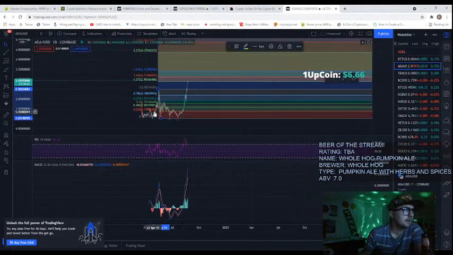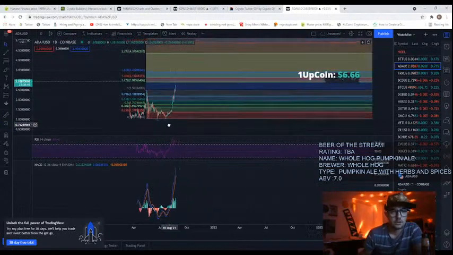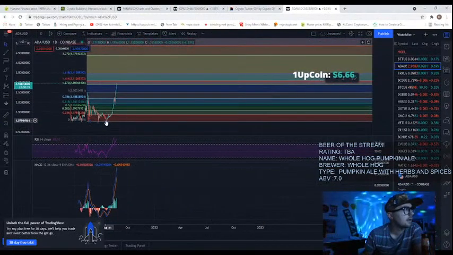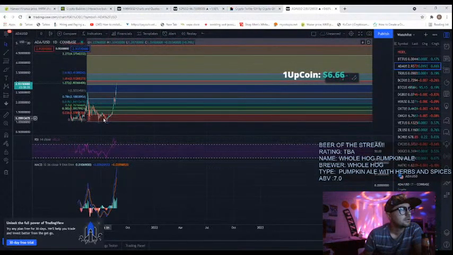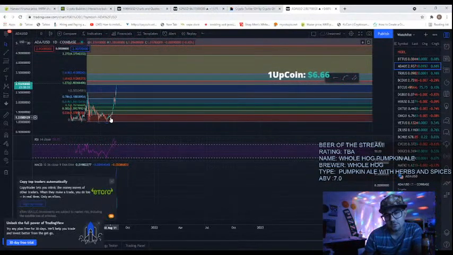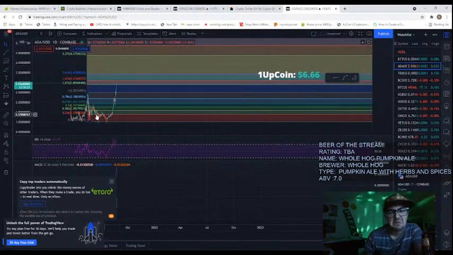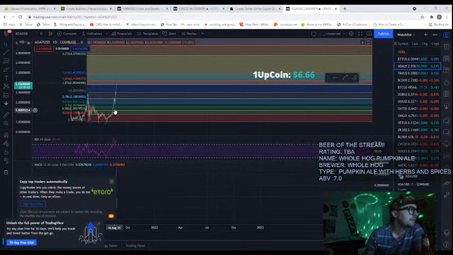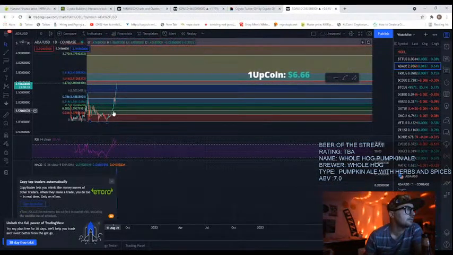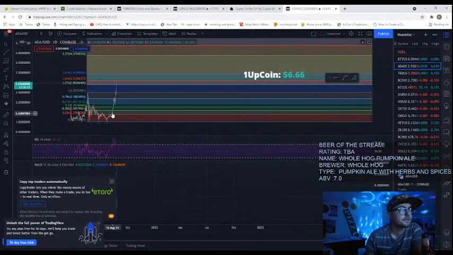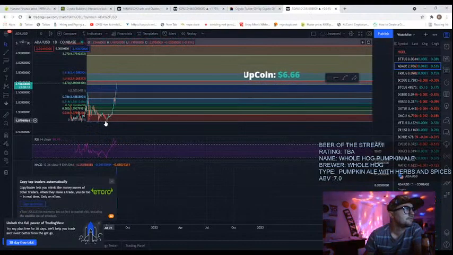A great place to buy Cardano, a good investment, would have been around $1 to like $1.25. $1.25 would probably be a pretty good investment, maybe $1.50 at the most, but you're pushing it. If you're getting up to $1.50, that's where your confirmation is.